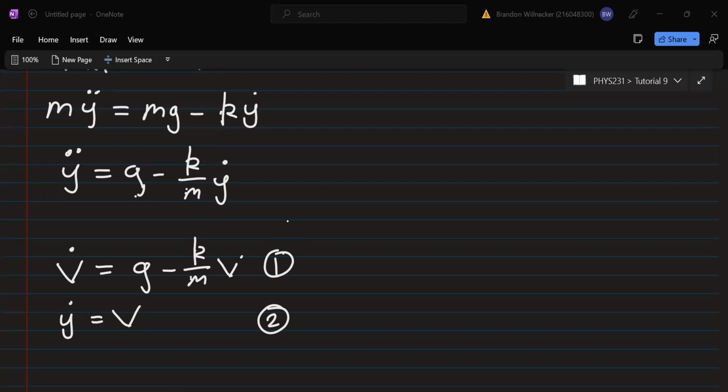In all the tutorials, 7, 8, and 9, you have to use the Runge-Kutta method. So we have the two equations with the initial condition that y naught is h. That's the initial height, and that should be specified by the user.